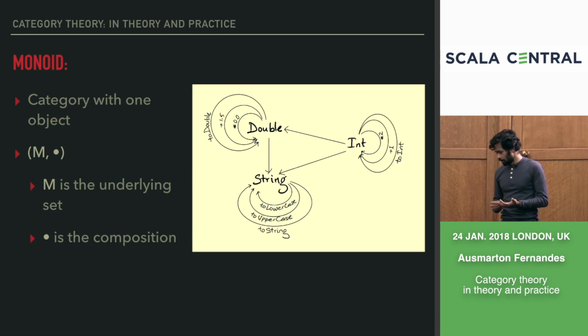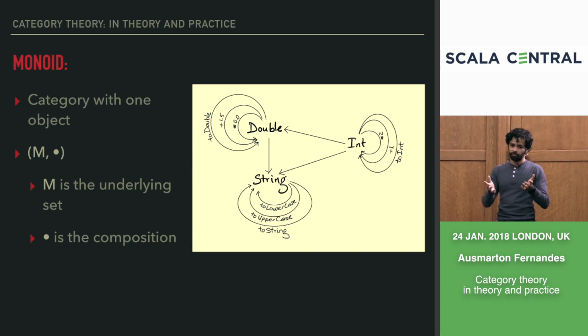A monoid is nothing but an object with morphisms from itself to itself, and each of these types could form a monoid, or you could even have a monoid of one category itself. It depends on at what level you define the monoid.